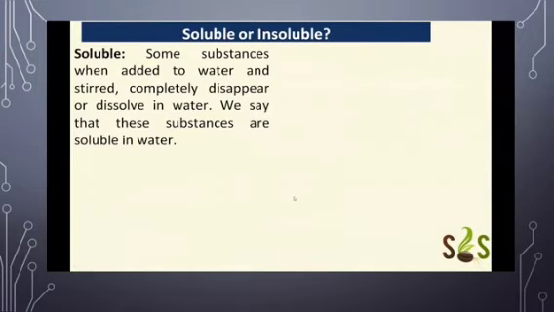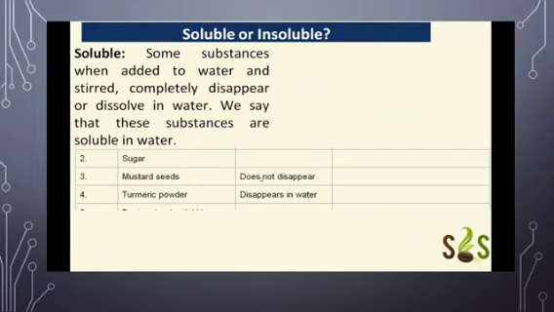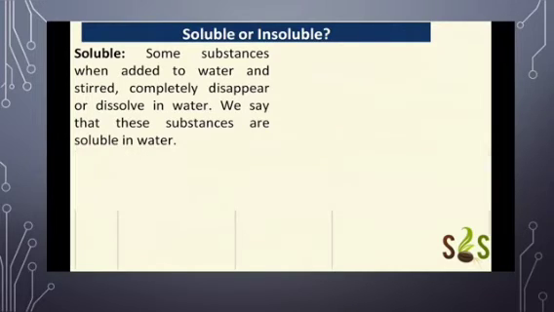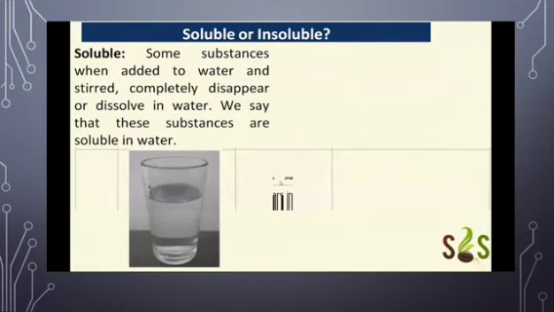Now, basically we discussed two kinds of substances. One is soluble, another is insoluble. Some substances, when added to water and stirred, completely disappear or dissolve in water. We say that these substances are soluble in water.